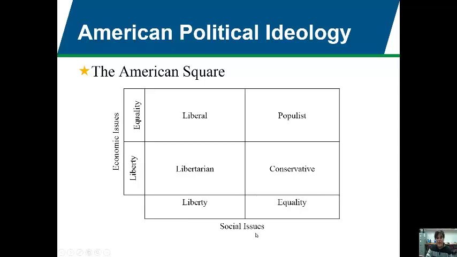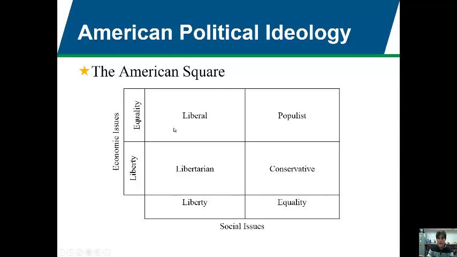You can think about these as same-sex marriage, abortion. Economic and social issues are the two main things that we break our political issues down into in America. It's either an economic issue or it's a social issue, and they operate in very different ways. So you can see that we value liberty and we value equality, but we value them in different ways.